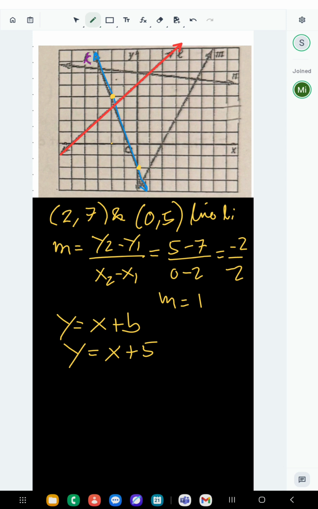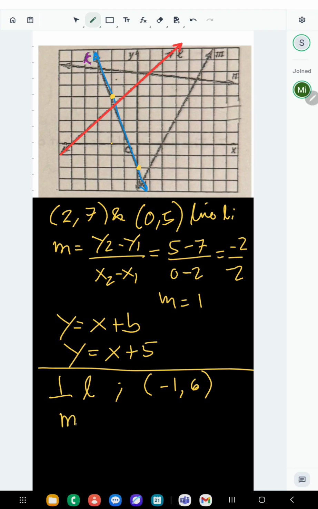Write an equation in slope-intercept form of the line perpendicular to line L that contains point negative 1, 6. All right. So for a line perpendicular to another line, the slope is the negative reciprocal.